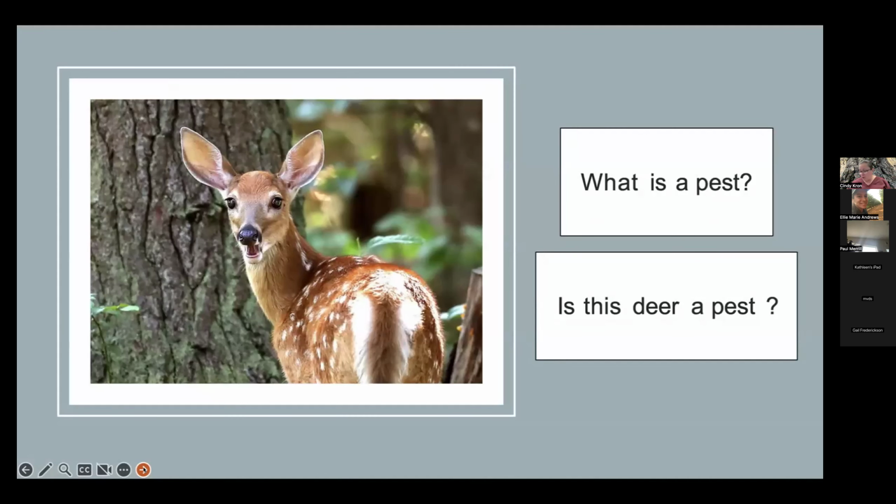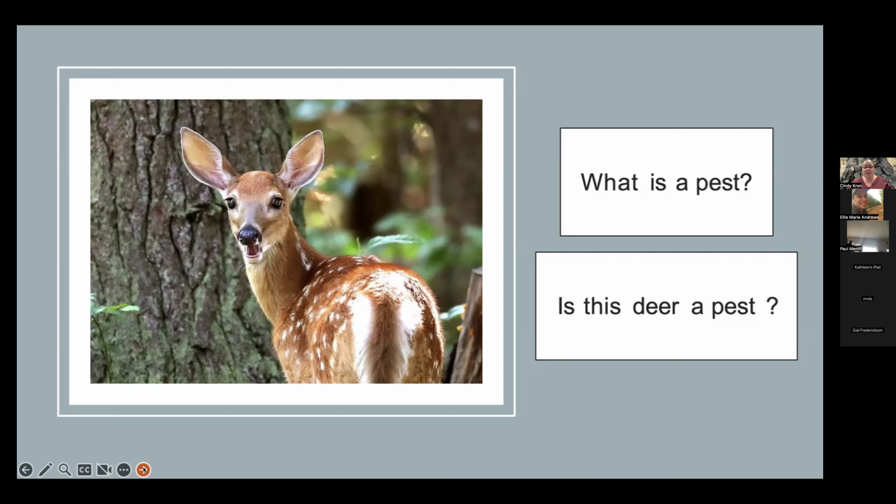So, what is a pest? Is this deer a pest? And the answer to this question is, well, it depends. If this deer is in the forest, then no, the deer is not a pest. But if it is in your garden, eating your garden, yeah, it's a pest.